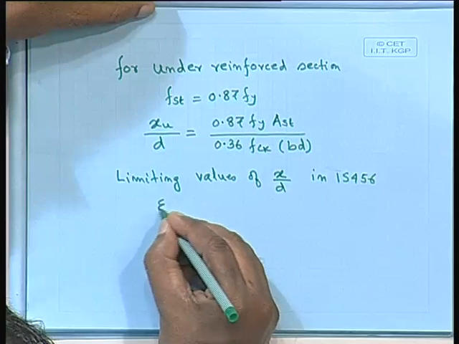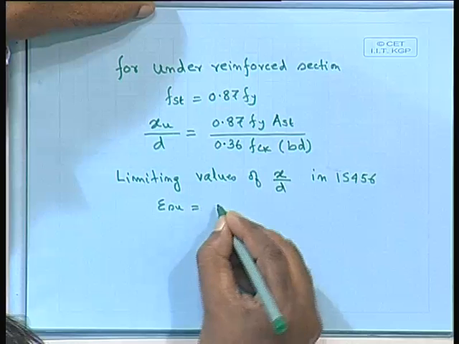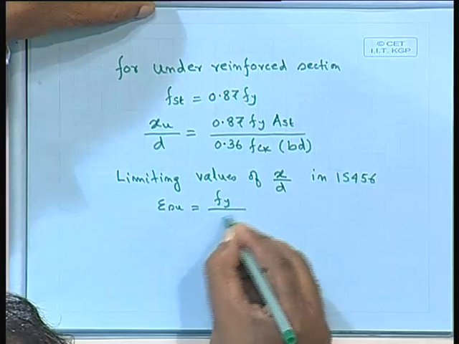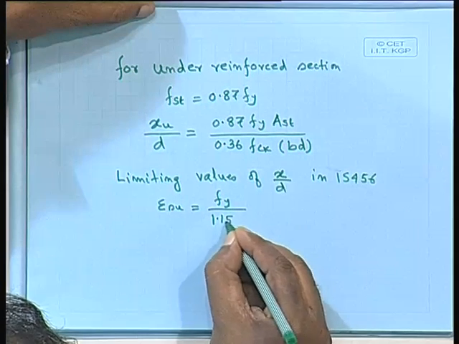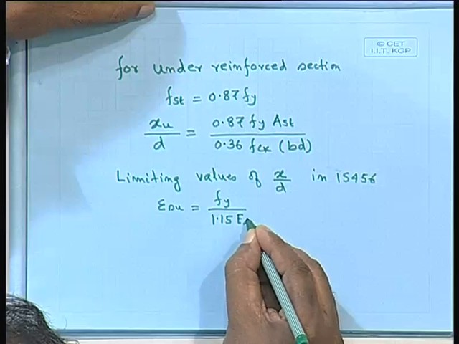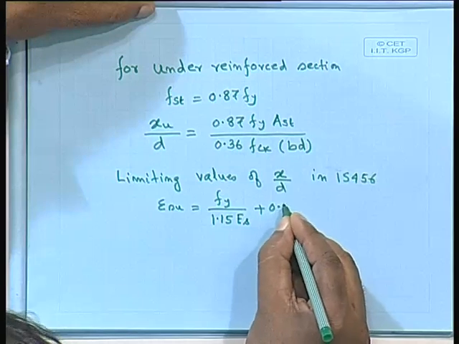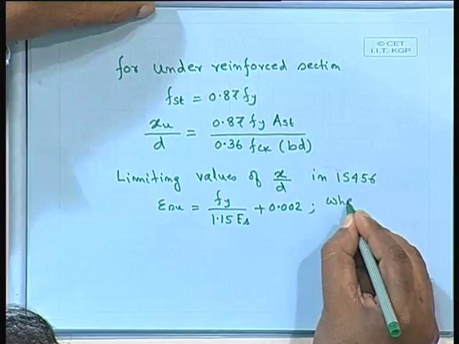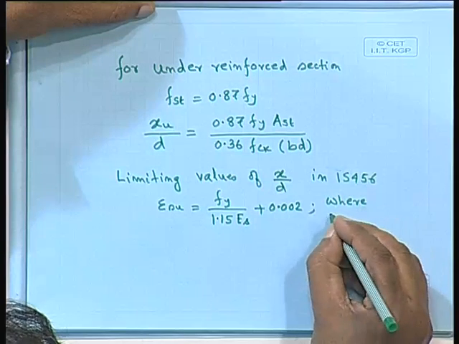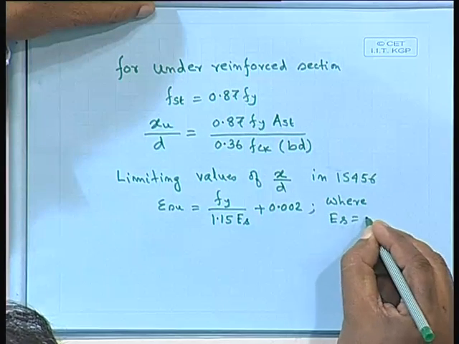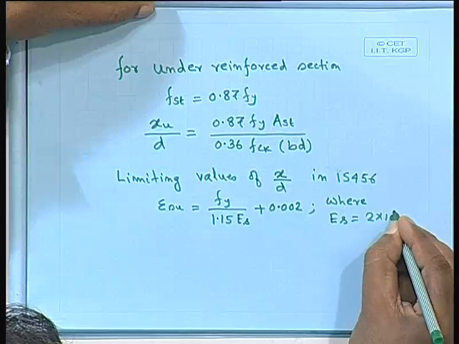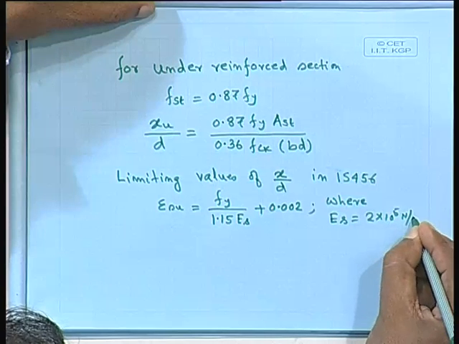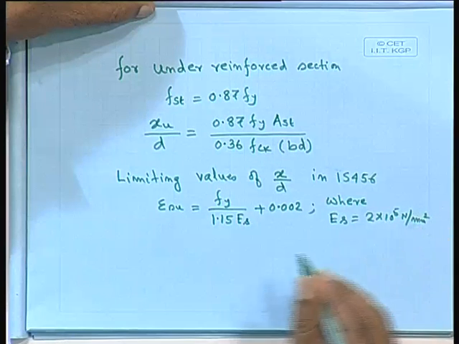Epsilon SU equal to FOI by 1.15 ES plus 0.002, where ES equal to 2 into 10 to the power 5 Newton per square millimeter.